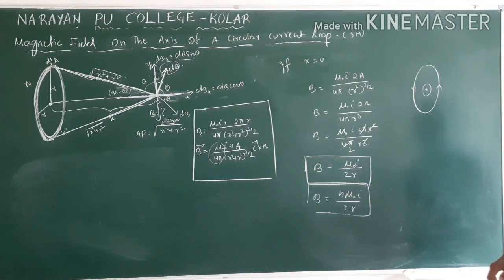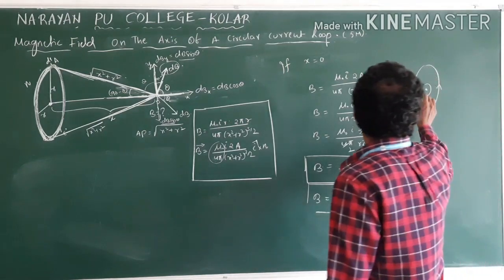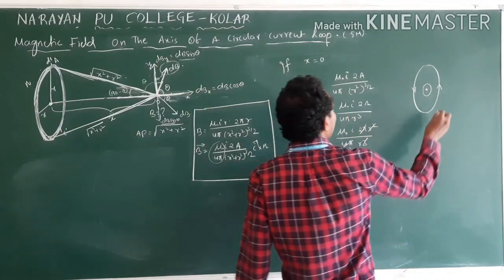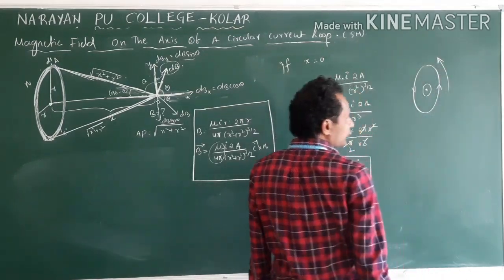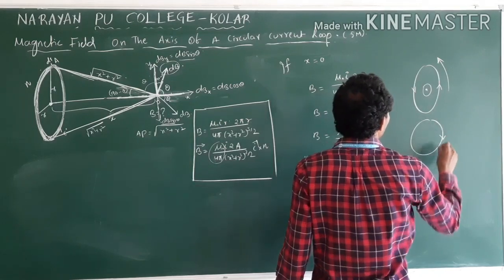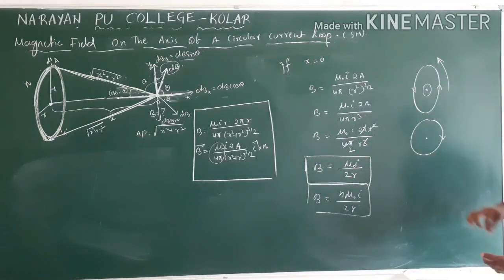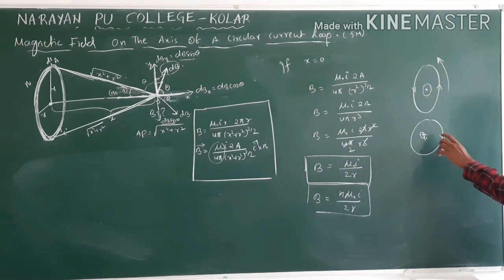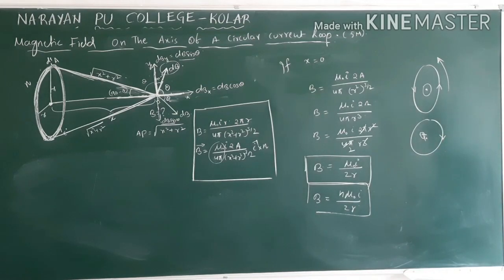So if the current is in anti-clockwise direction, the field is coming out of the board. If the current is clockwise, then how do we decide? Keep the thumb, curl, then this is moving in. So the direction of the field is dependent on the direction of the current.